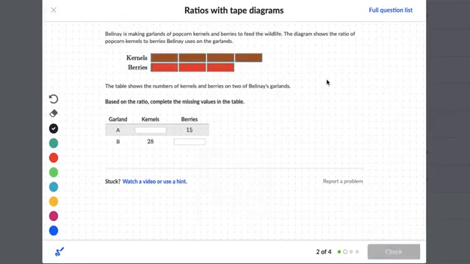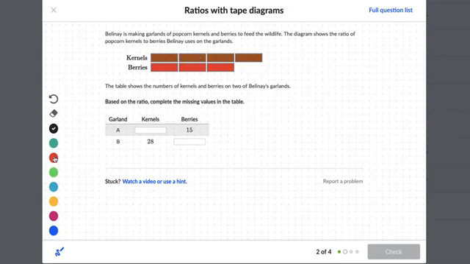Let's try one more. Here, you can pause the video again to try it out. Here, Bellene is making garlands of popcorn kernels and berries to feed the wildlife. The diagram shows the ratio of popcorn kernels to berries Bellene uses on the garlands.